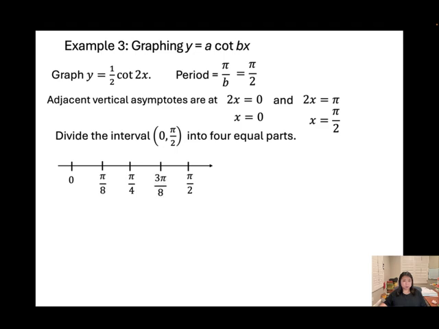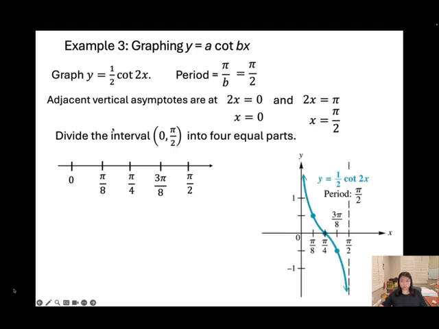You should get this. And then the amplitude a is going to be equal to 1/2. The original is supposed to be equal to 1, right? And this is positive, so there's no reflection. So your graph should look like this. These 2 points represent 1/2 and -1/2 here.